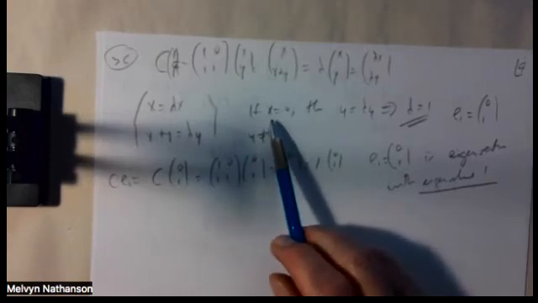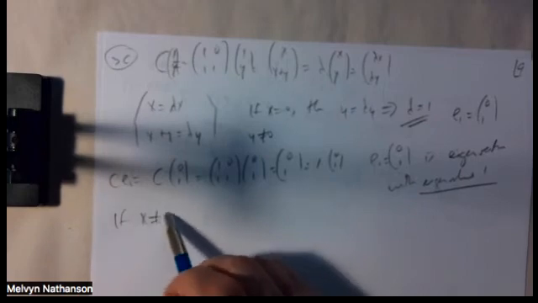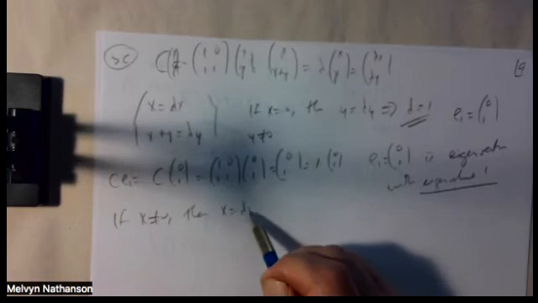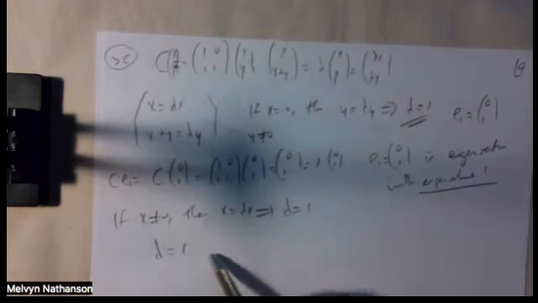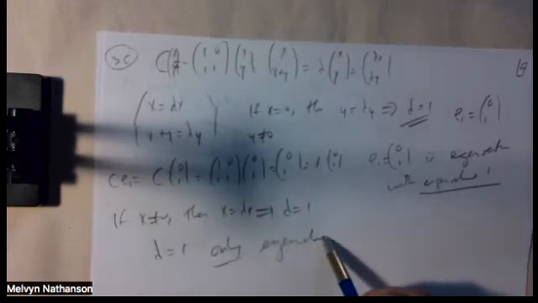We got that in the case of x equals 0. If x is different from 0, then x equals lambda x again implies lambda equals 1. So lambda equal 1 is the only eigenvalue.